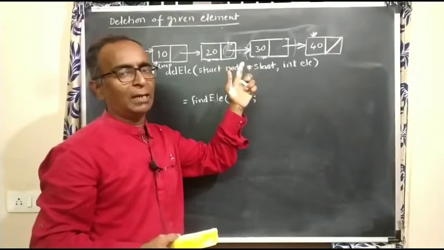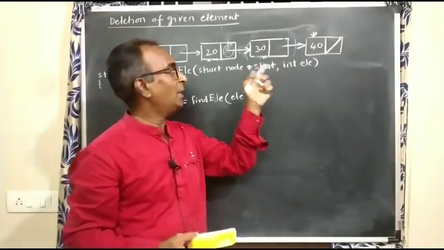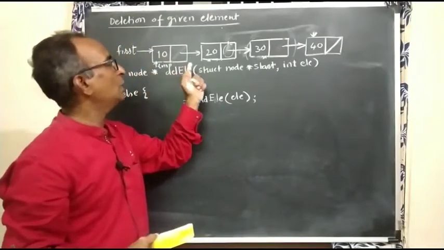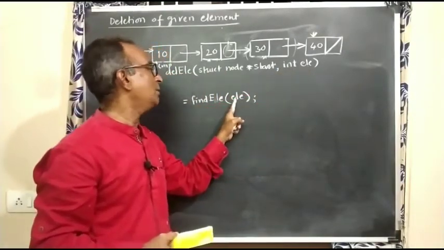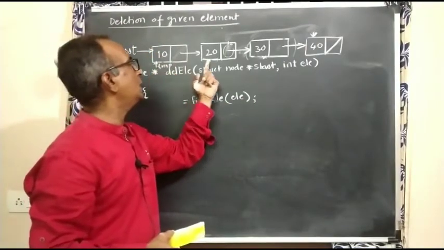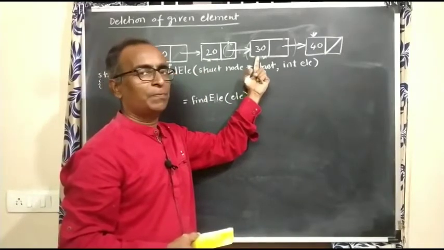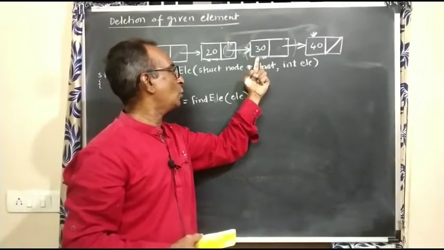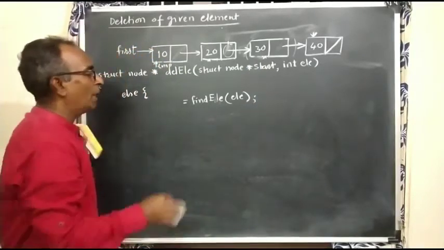If it is there, it should give me the address of that particular node. Suppose I want to delete 30, 30 will be passed here. Is it 30? No. Is it 30? No. Is it 30? Yes. Temp stops here. So whatever temp stops at, it should return me that particular value.